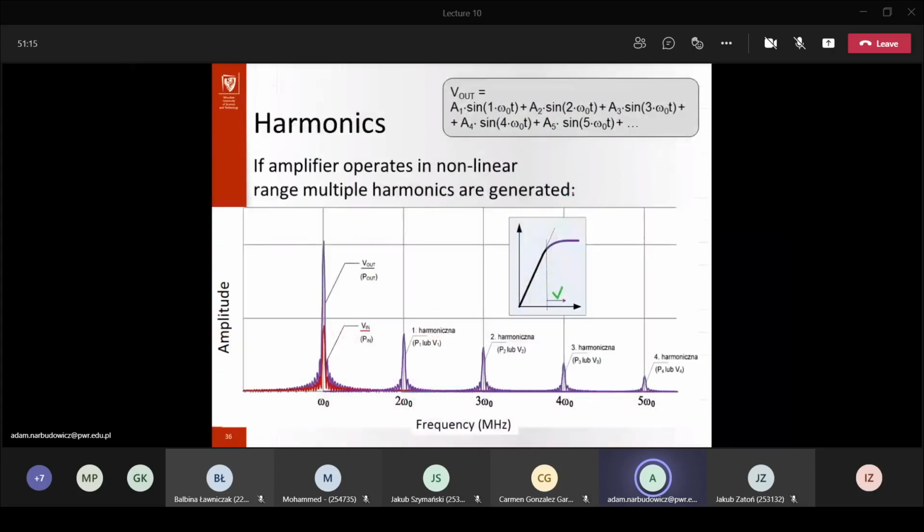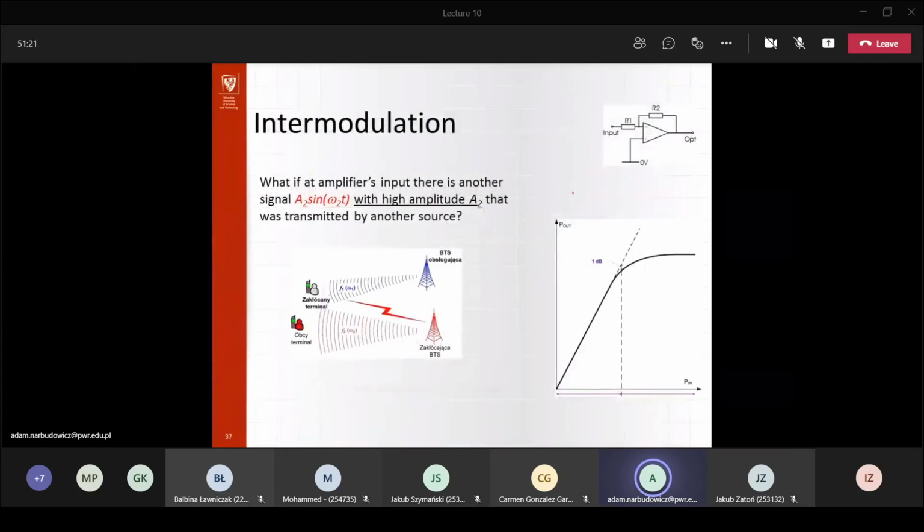And then, of course, if you add two different signals, you will experience exactly the same thing. However, you're not limited to generating single harmonics anymore, but you will have intermodulation products.